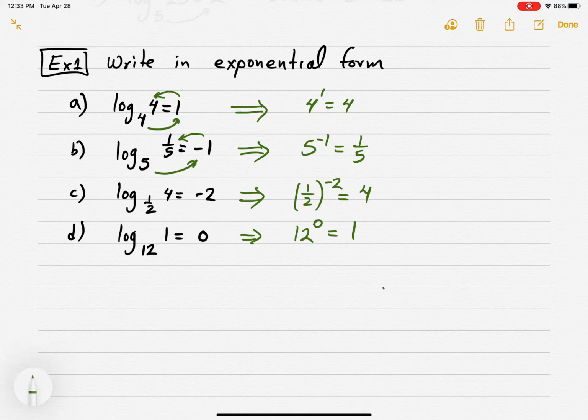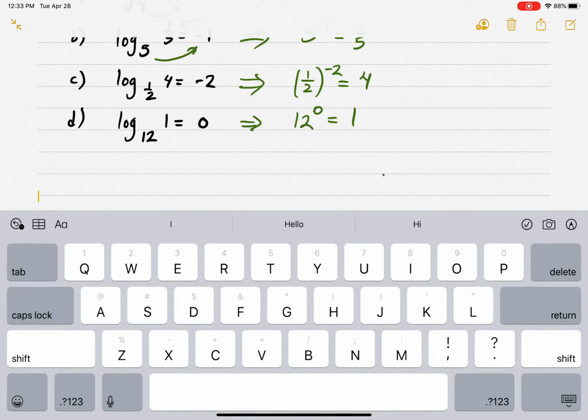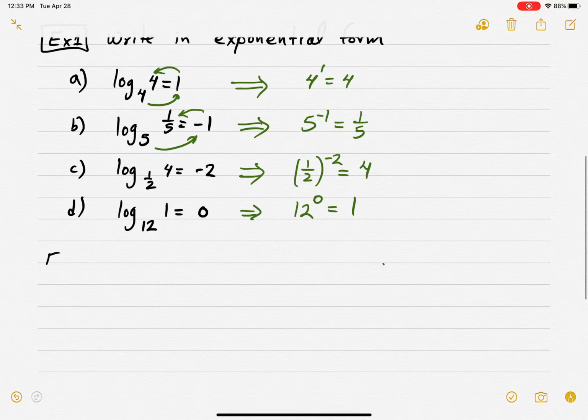Okay, so as another example, we could do exactly the reverse process, which would be, let's call this example 2, to write in logarithmic form.